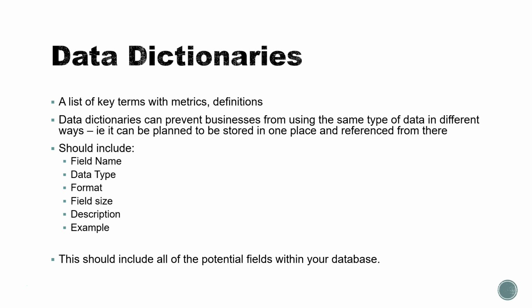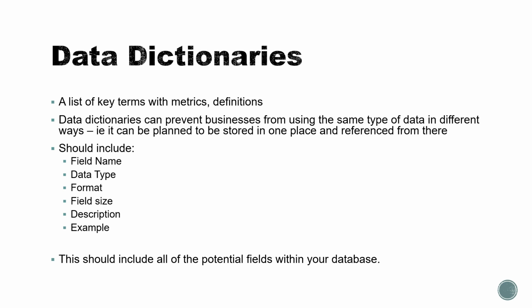Let's say, for example, you might have a date of birth field which in one place is DDMMYY, and in another place could be DDMMYYYY. While that is only 2 extra characters, that means you're going to have the same data stored twice, and if you update it in one place, it's not going to be updated in the other place, which is not something you want. One of them is going to be wrong.